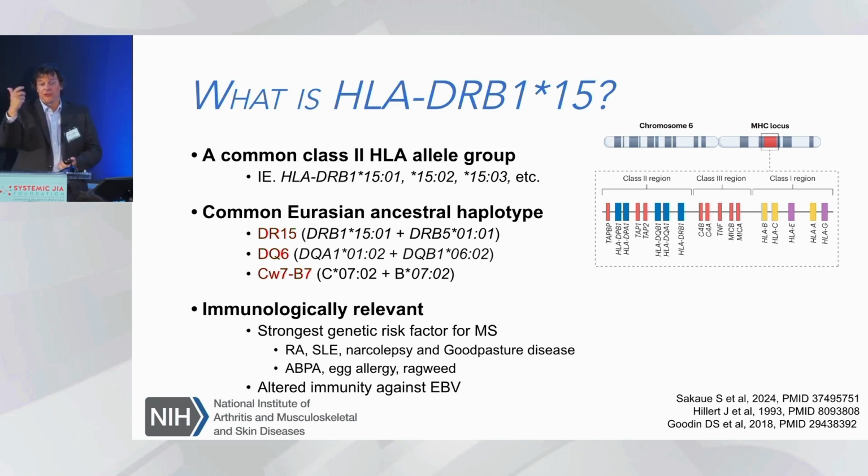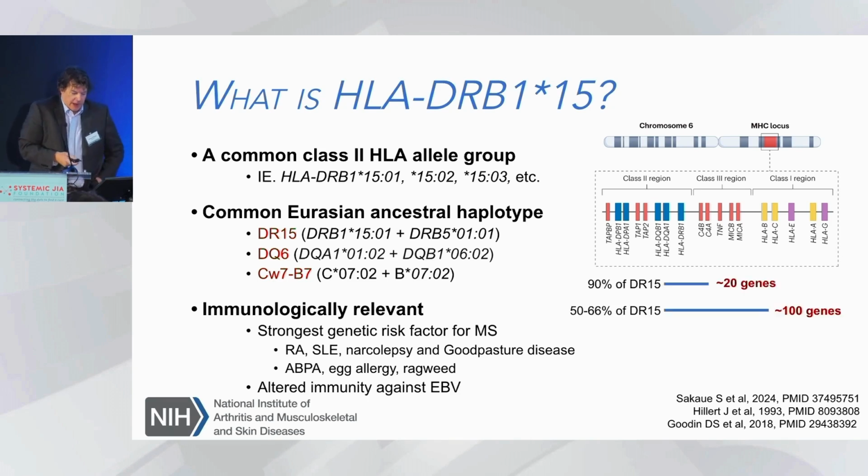In fact, this DR15 is, A, the most common ancestral haplotype, and B, one of the longest ancestral haplotypes in humans, extending in some cases up to 1.5 megabases. It's co-inherited with DQ6, which is a group of the DQ class 2 HLA alleles, and in some cases it actually goes all the way to HLA-B and HLA-C.